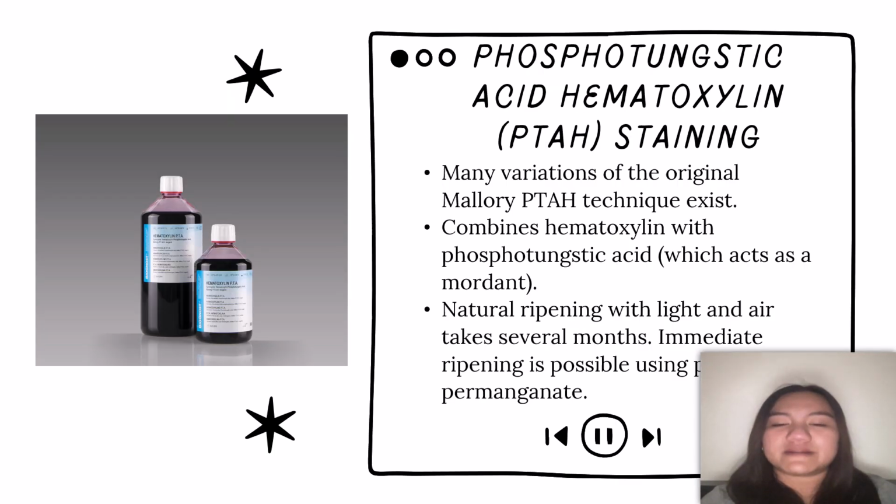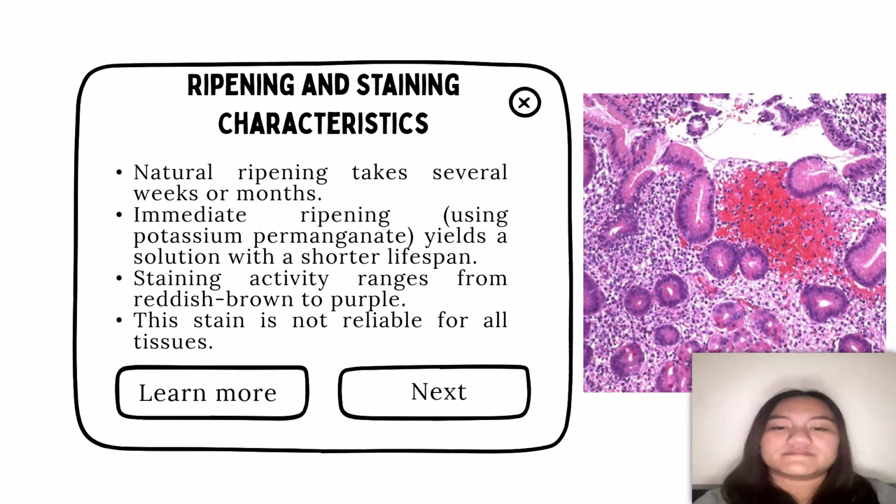Phosphotungstic acid hematoxylin staining has many variations of the original Mallory phosphotungstic acid hematoxylin, because it combines hematoxylin with phosphotungstic acid that acts as a mordant. It also has a natural ripening with light and air that takes several months, and immediate ripening is possible using potassium permanganate.